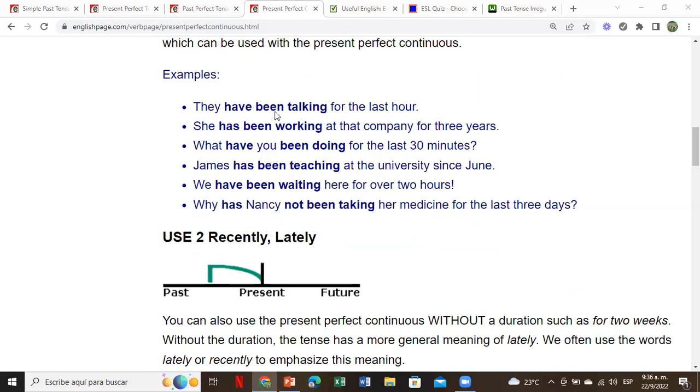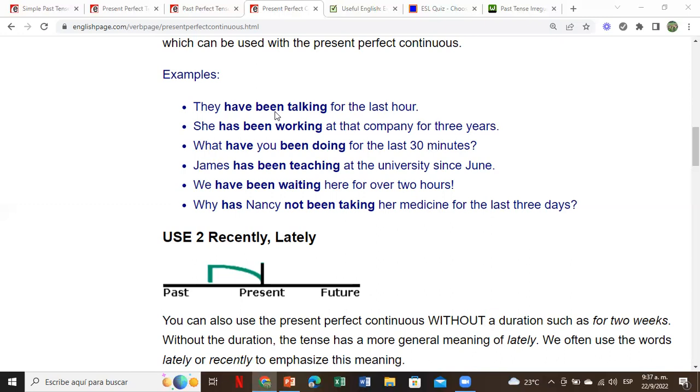Thank you. Okay, they have been talking for the last hour. She has been working at that company for 3 years. What have you been doing for the last 30 minutes? James has been teaching at the university since June. We have been waiting here for over 2 hours.